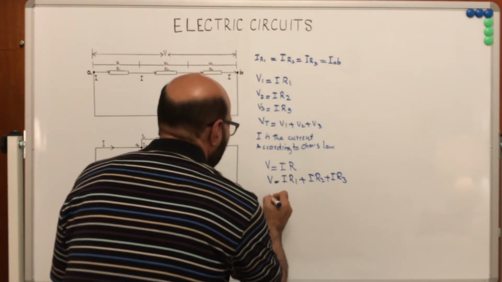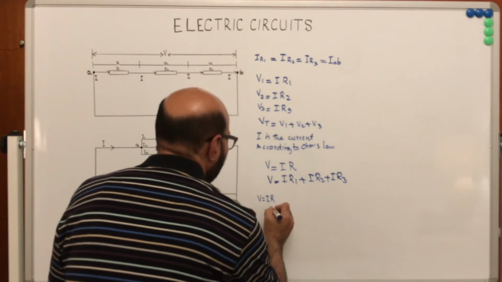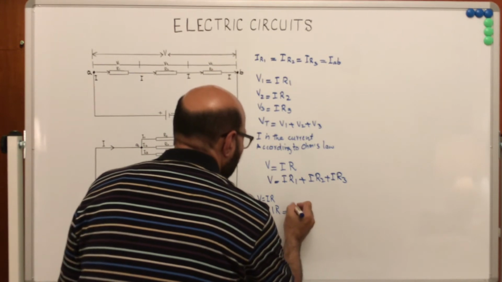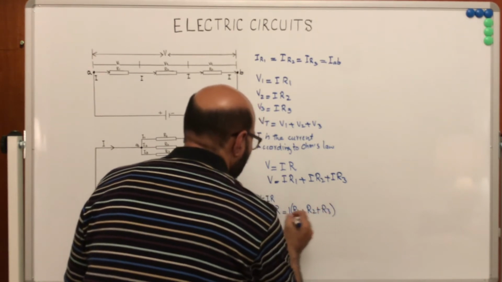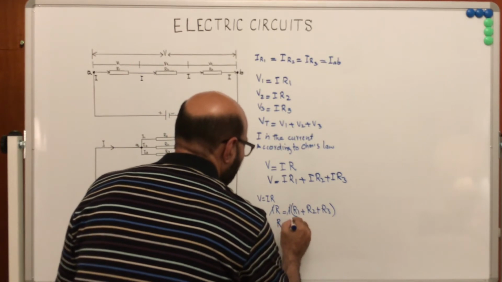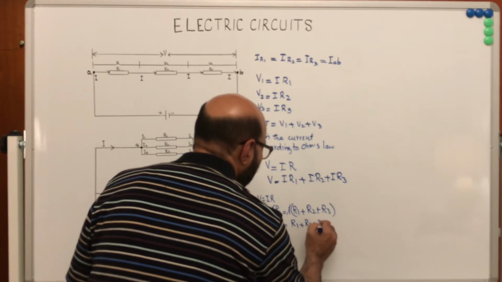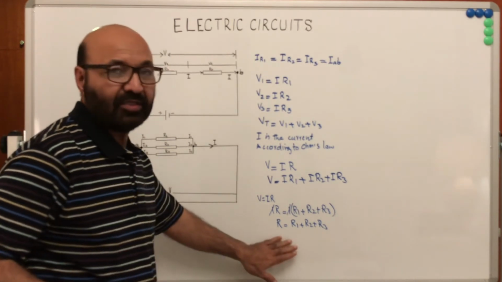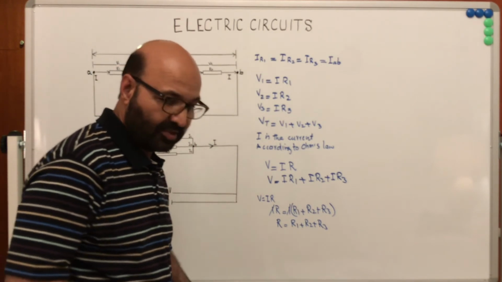We know V is equal to IR, then IR is equal to I times R1 plus R2 plus R3. We can cancel the I. So therefore the total resistance in a series circuit is the sum of all the individual resistances.